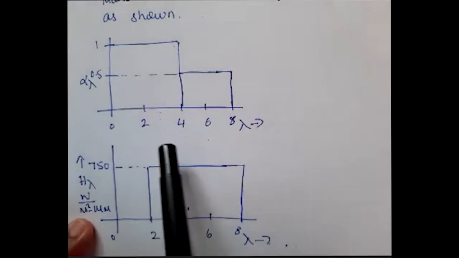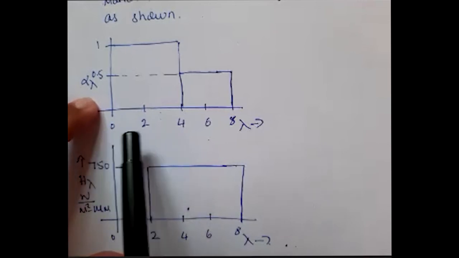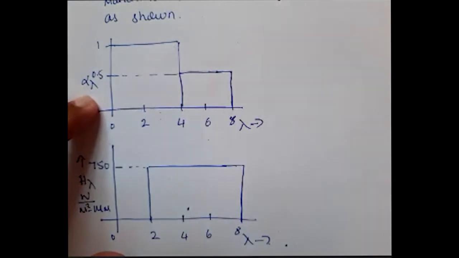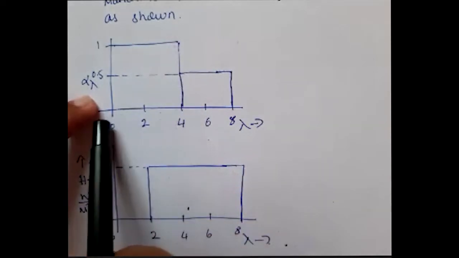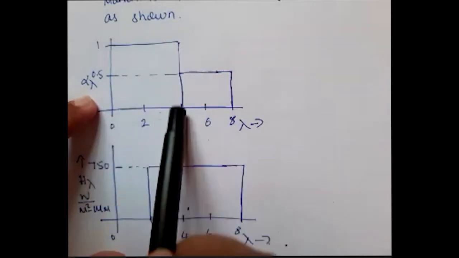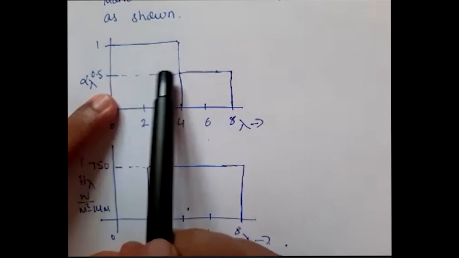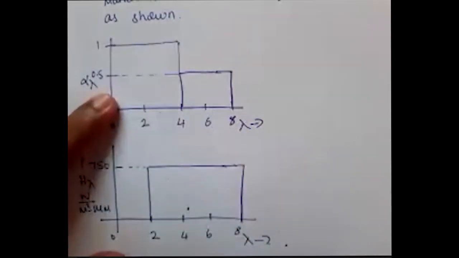And alpha lambda in between 0 to 4 has the value 1. And from 4 to 8, alpha lambda has the value 0.5.